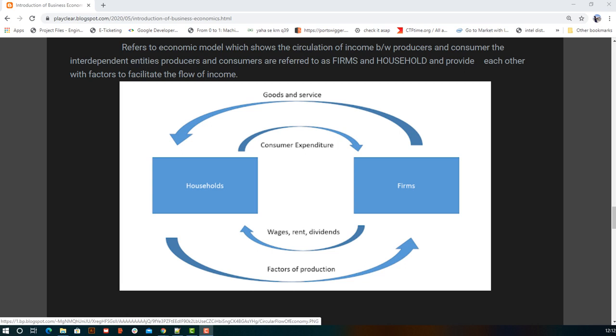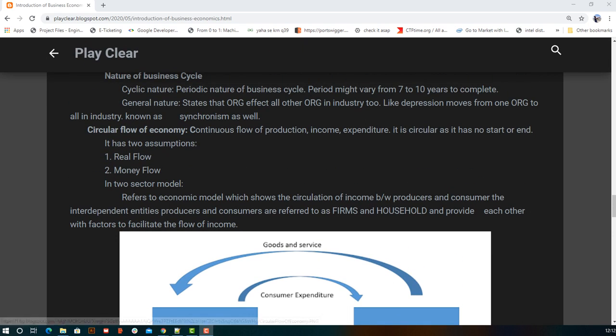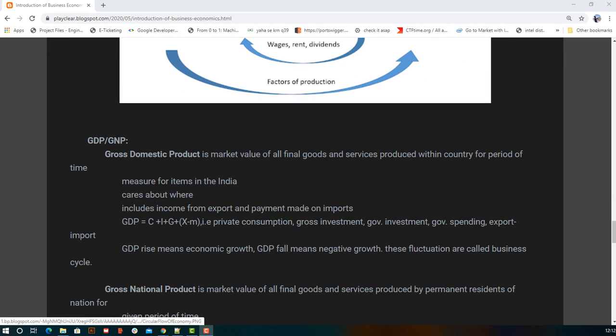So we have multiple inputs, right? Raw materials, and also one of the inputs is labor, which we are considering here as a factor of production. So this diagram was our circular flow of economy.